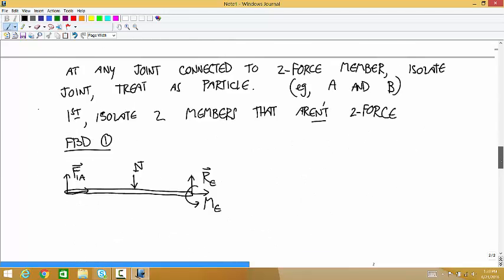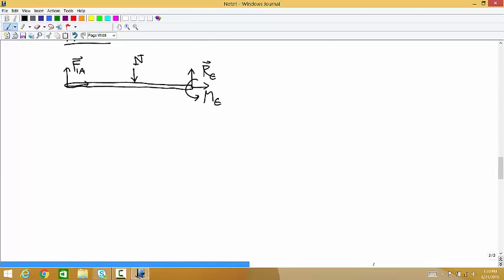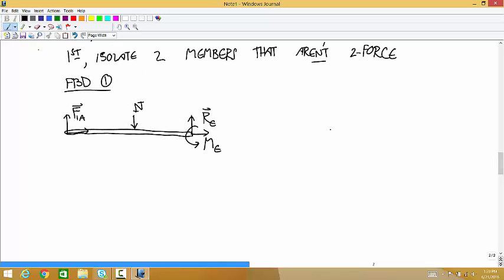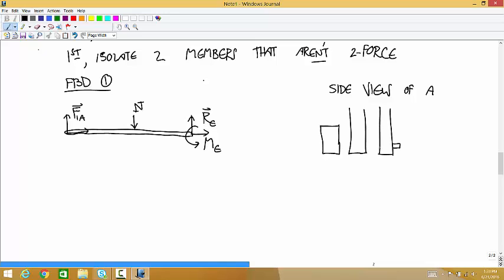And that means, if we look at a side view at A, we have member 1, member 2, and member 3, and then a pin connecting them.